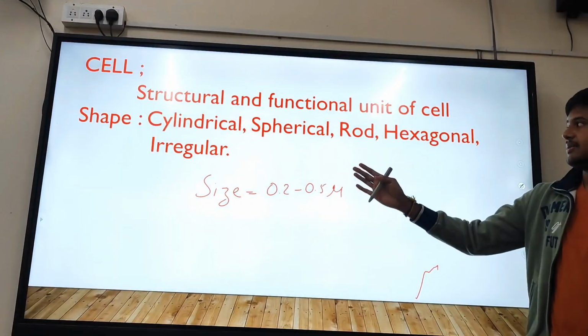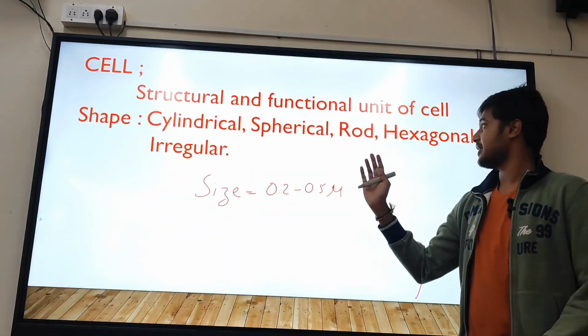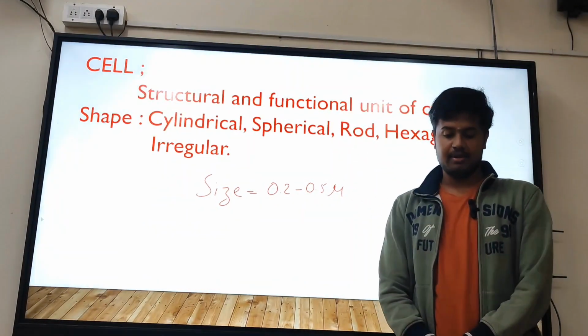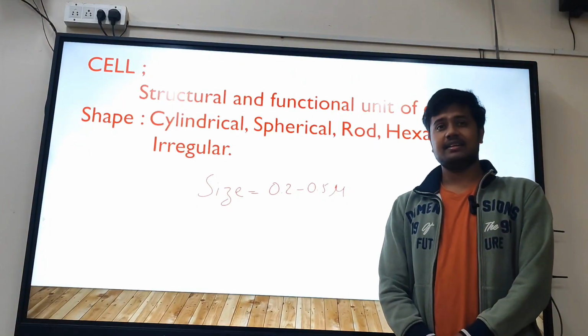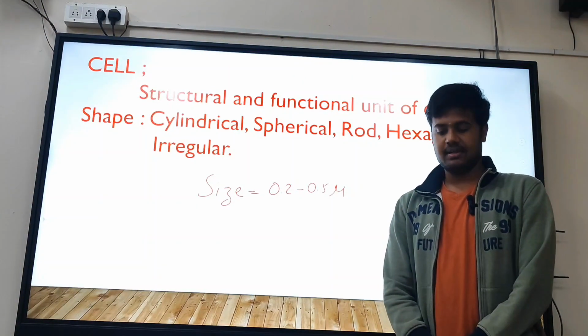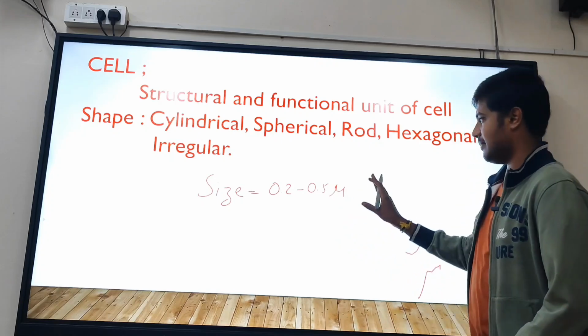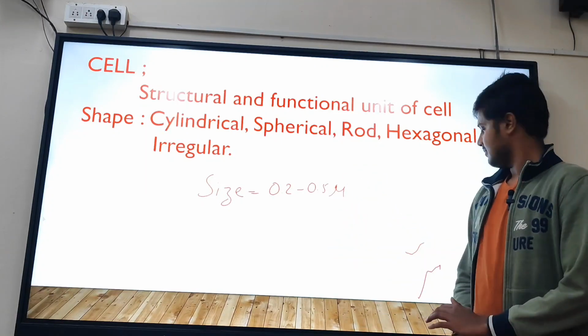The shape varies from cylindrical, spherical, rod-shaped and hexagonal to irregular shape. And bacterial cell size is 0.2 to 0.5, same as a normal cell.